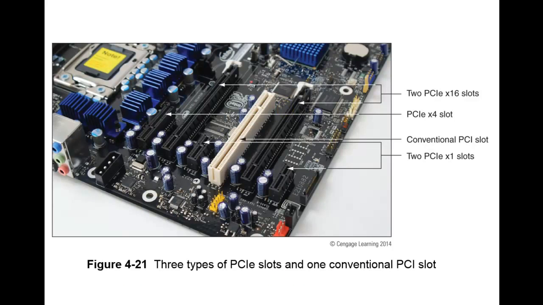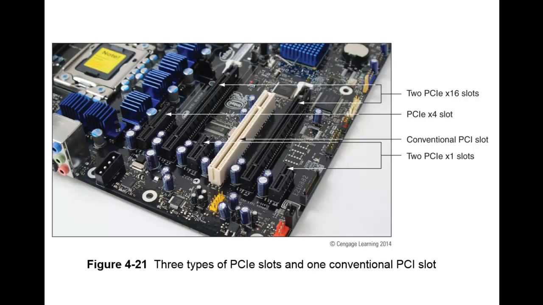We have a conventional PCI slot in the very middle, that really long white one, and then we also have some newer PCIe, PCI Express slots: PCIe x16, x4, and x1 slots. The PCI Express slot can provide 1 or more of these serial lanes.